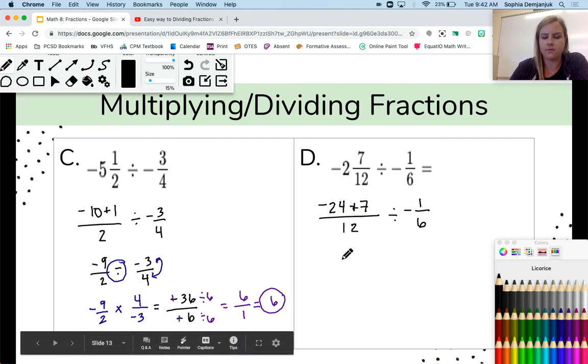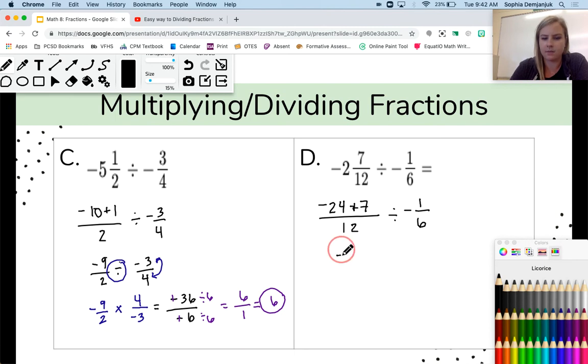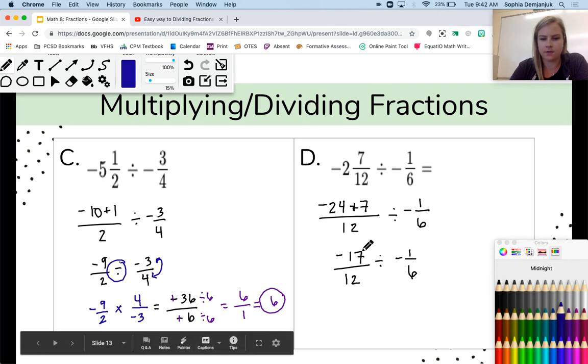So negative 24 plus 7 is going to give me a negative 17 over 12. Divide by negative 1/6. Keep, change, flip. Keep the first fraction, negative 17 over 12. Change the symbol. Flip the fraction.